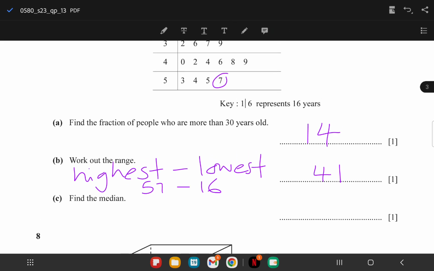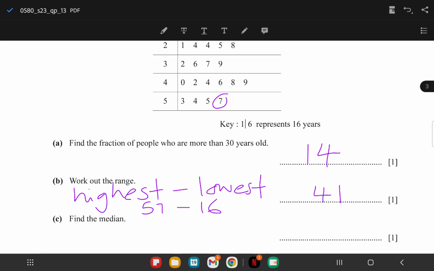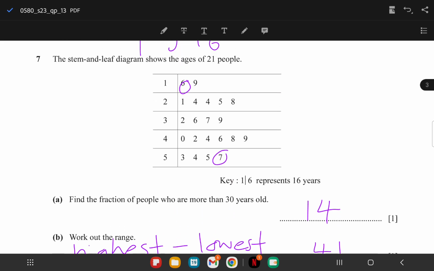Now we need to find the median. The median is known as the halfway point between our figures. So with the median, the numbers have to be arranged from the lowest to the highest, okay, which has already been done for us. There's two ways to do it.